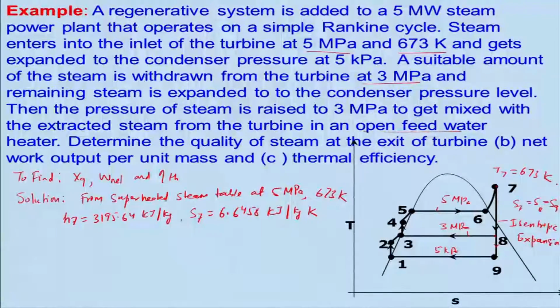Therefore, I can use that to find the quality, and once I know the quality, I can evaluate the properties here, because from the saturated steam table I can get the points corresponding to 3 megapascal, and similarly at 5 kilopascal, including saturated vapor conditions. Then I can evaluate H9 very easily, and then we can do the calculation. So, let us look at that.